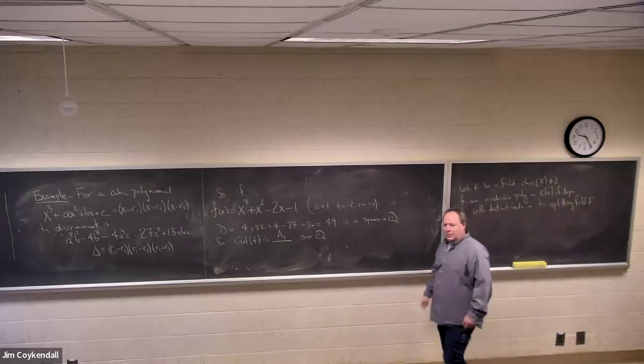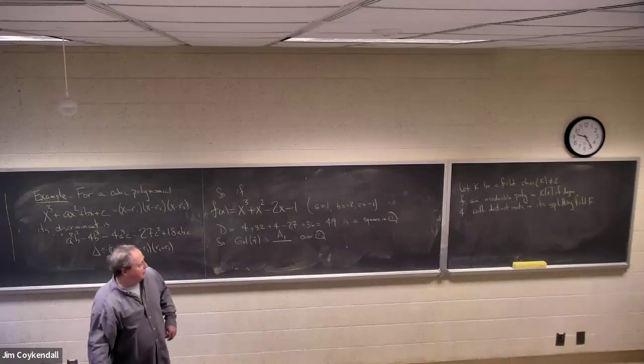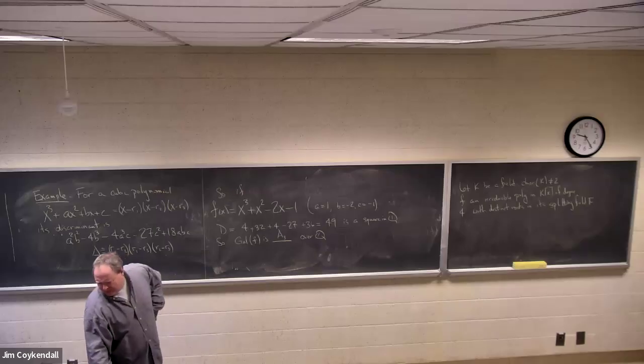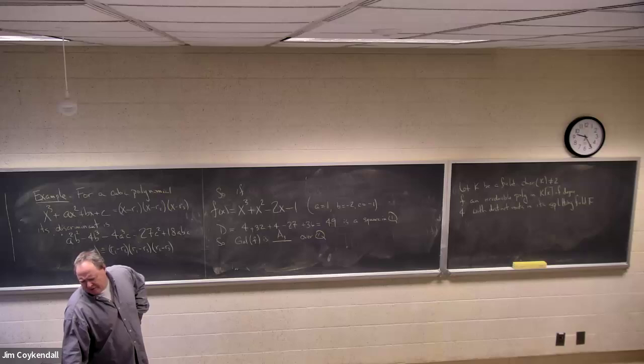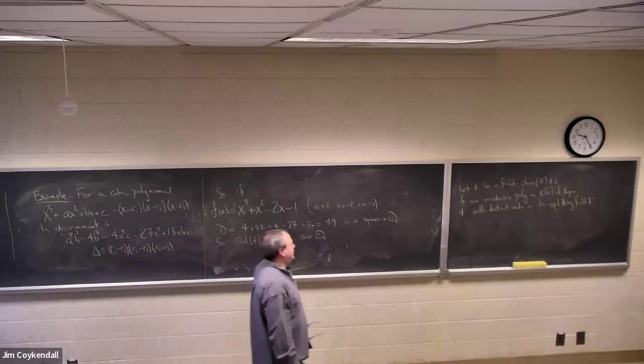So this is the situation. I've got a field that's characteristic not 2, a degree 4 irreducible polynomial, and it's got distinct roots in its splitting field.